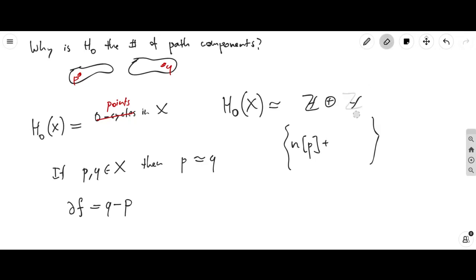And anything in this component would be homologically equivalent to Q, again with a multiplicity. So the group is generated by these two classes, and you consider arbitrary multiplicities of those two, and that's why H0 is isomorphic to a direct sum of two copies of Z. So it's the number of path components.